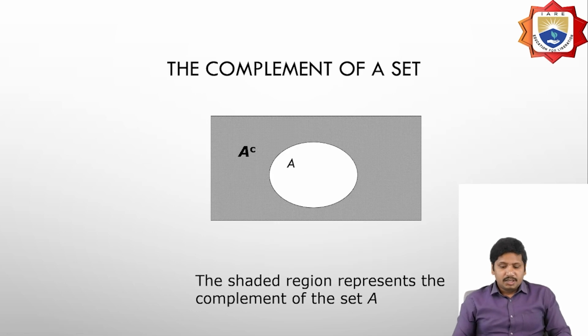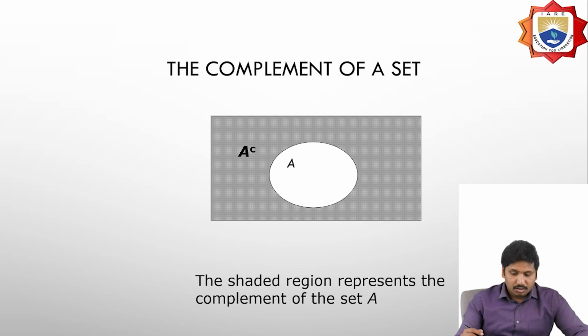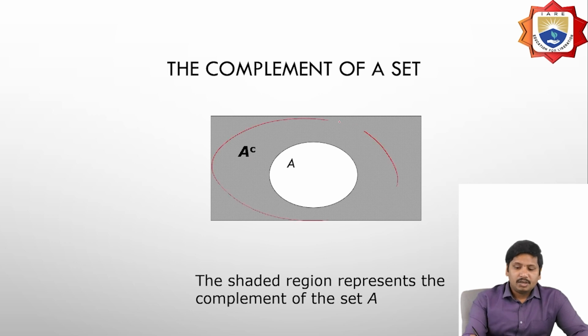The complement of the set is represented as A complement, meaning the elements which are not present in A. This shaded region represents the complement of the set.